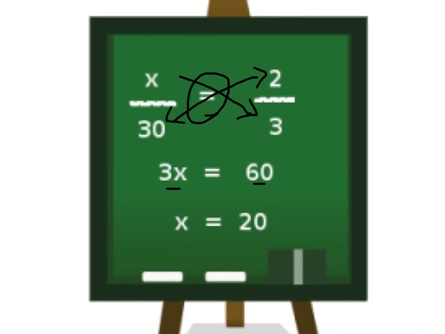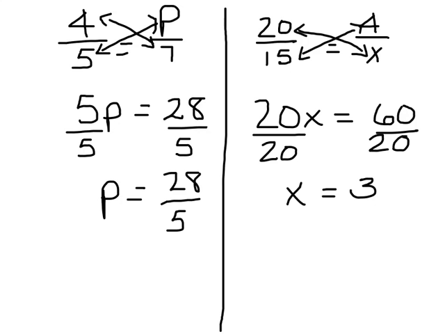And if I divide by 3 on both sides, I'm going to get x is equal to 20. And therefore, I know that 20/30 is in proportion to 2/3. So I've just solved my proportion.